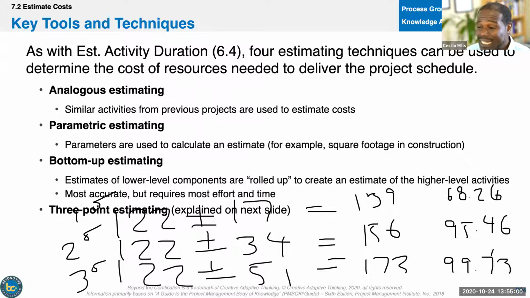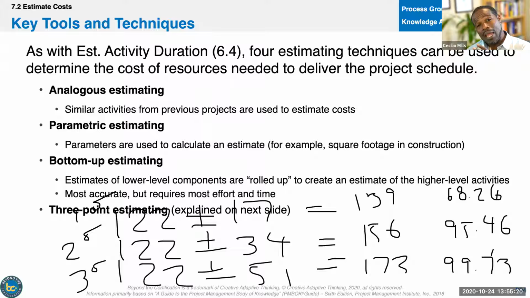And I have a 99.73 level of confidence that if I allow her to allocate 173 minutes a day to travel, she'll make it there in time. So this is a very powerful tool. It's a very powerful way to get management on board.